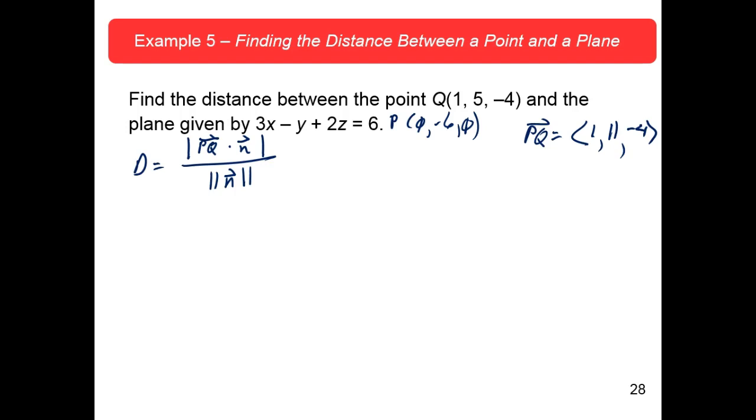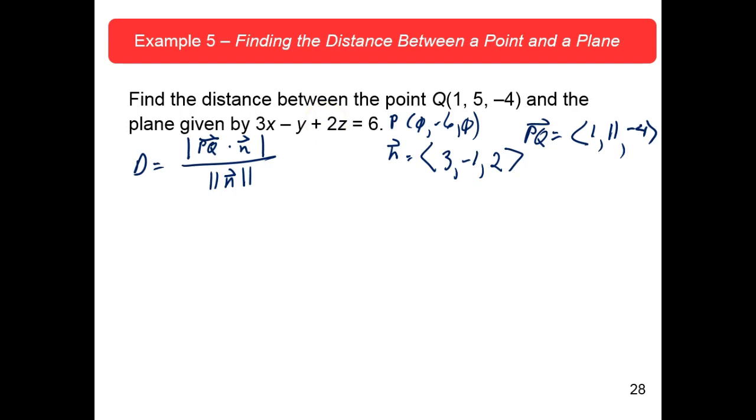We also need that normal vector N. Can anyone tell me what that normal vector N is? It's 3, negative 1, 2. Yes, those are the coefficients of your variables there. That is your normal vector always.